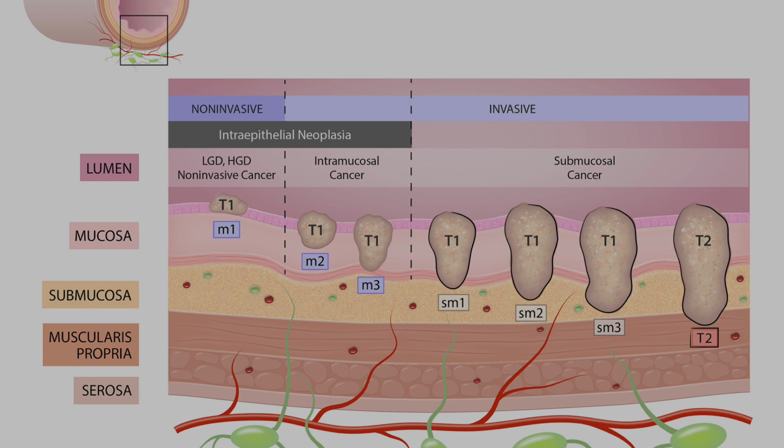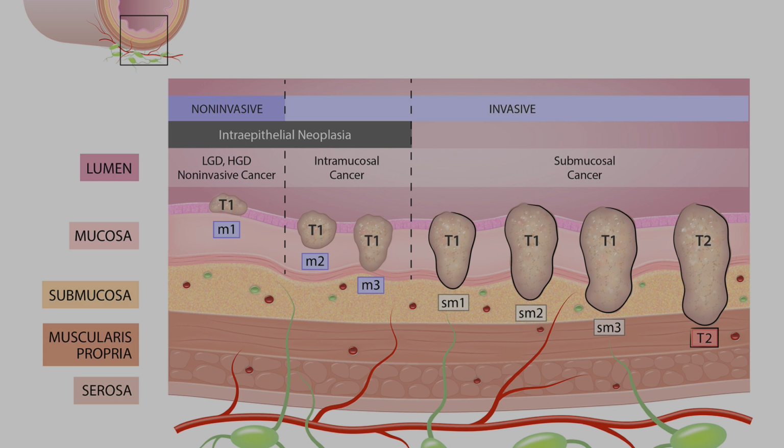SM1 lesions can also be removed, and this is best done with endoscopic submucosal dissection, because the lymphatics in the upper one-third of the submucosa in the colon are very sparse. So you can lead to curative resection. But if it goes to SM2 or SM3, there is going to be lymphatic spread. So these patients will require surgery to clear the lymph nodes.